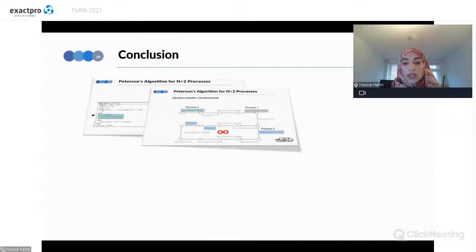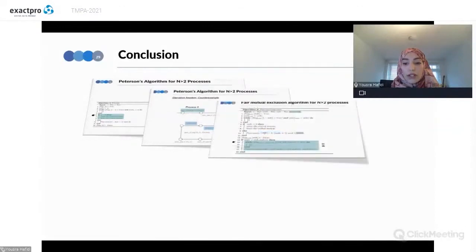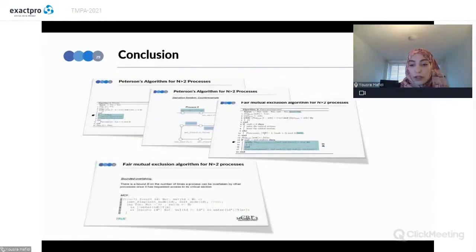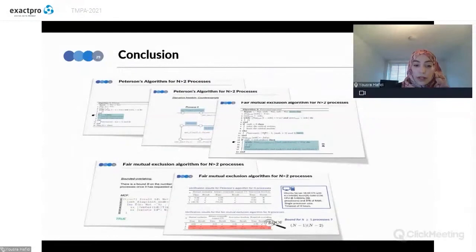And also we suggest a new variation to address the previous problem. We also specified this new variation and verified it using mCRL2. And since we ran into the state explosion problem, we defined a function that computes the bound and gave a formal proof to prove its correctness.